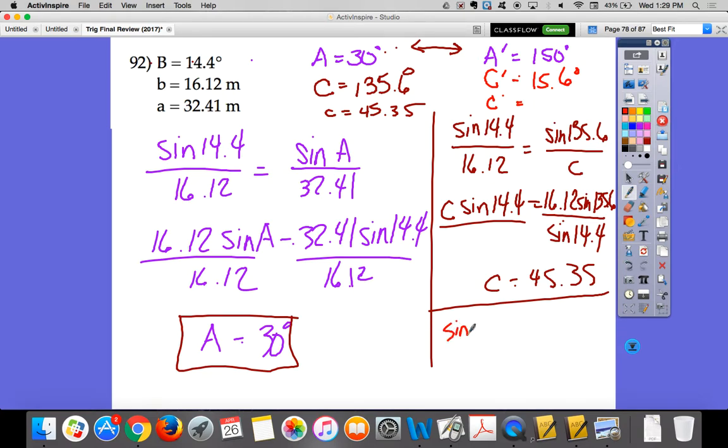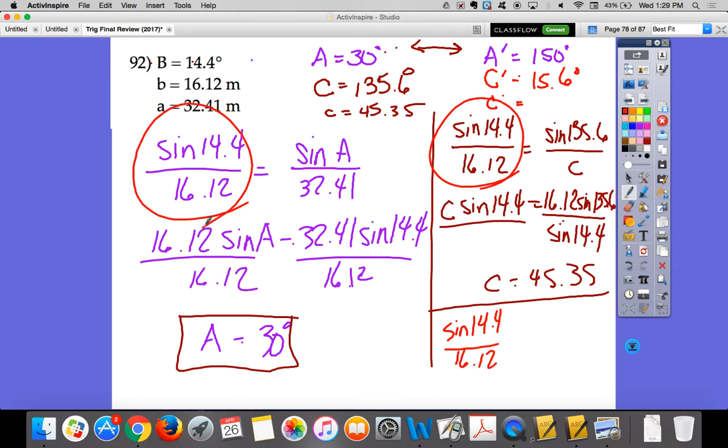So we're going to do sine of 14.4 over 16.12. Are you realizing that we're using the same basic ratio to get started on everything? That's not changing. Okay, I need to use sine of 15.6. That's what's going to make this thing different.